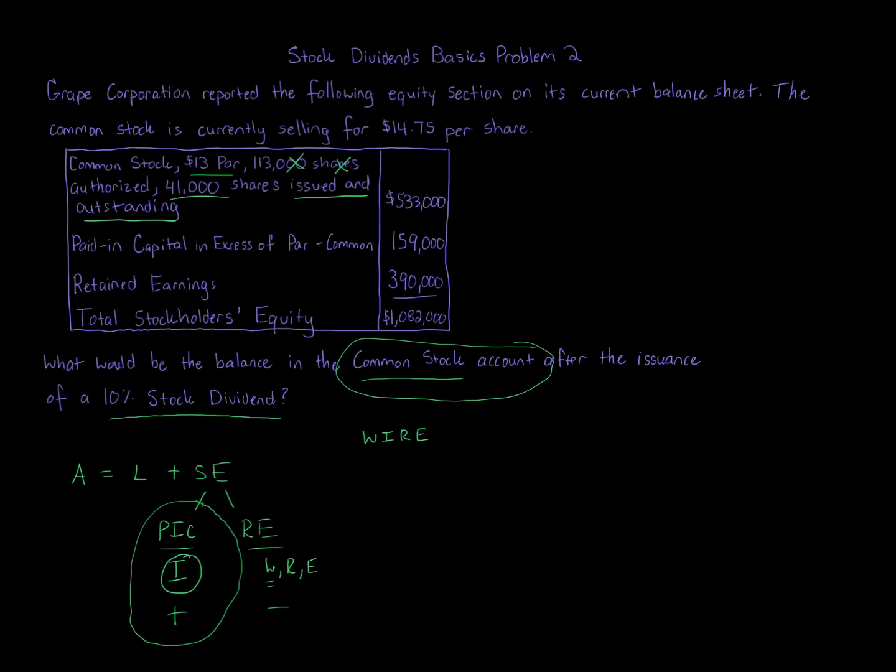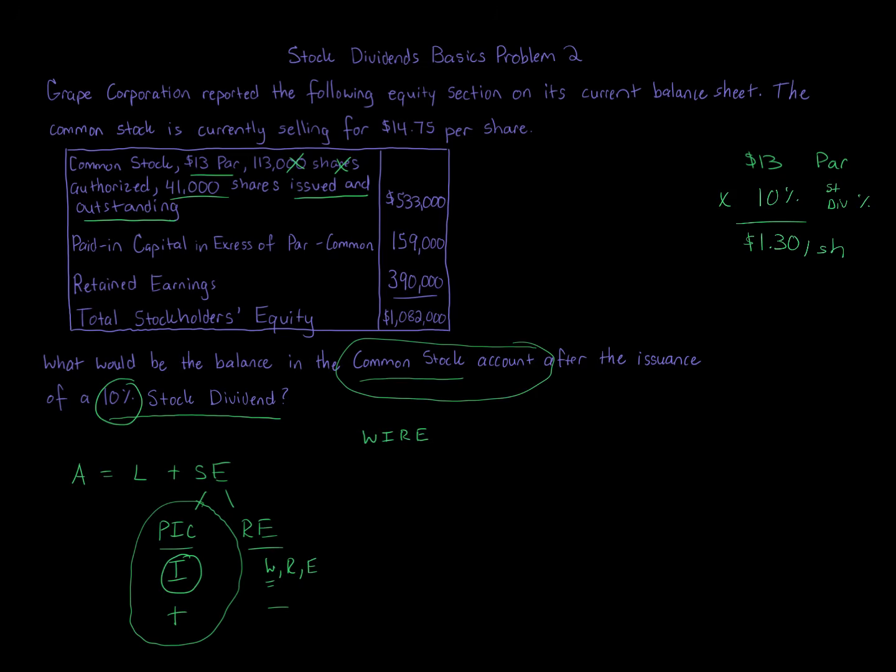Okay, so the way we calculate this, we take the par amount per share, which is $13. We multiply that by the stock dividend percentage, 10%. That gives us $1.30 per share.